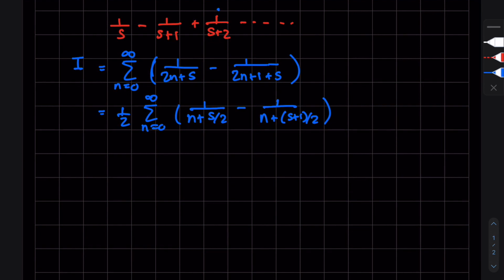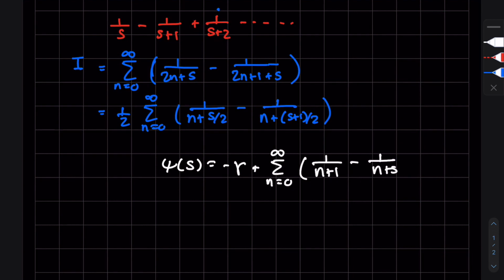Let me just remind you what we can do here. Digamma of s, for more clarity, minus the Euler-Mascheroni constant plus the sum from n equals 0 to infinity of 1 over n plus 1 minus 1 over n plus s.